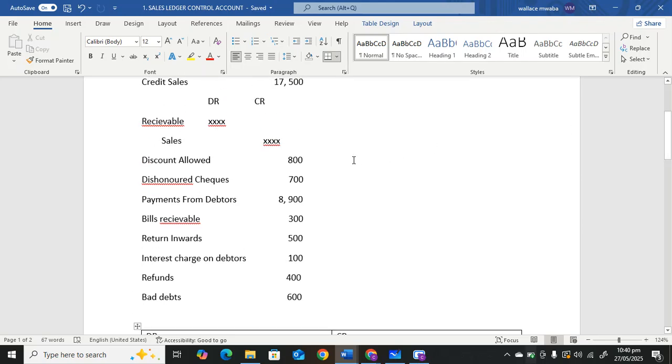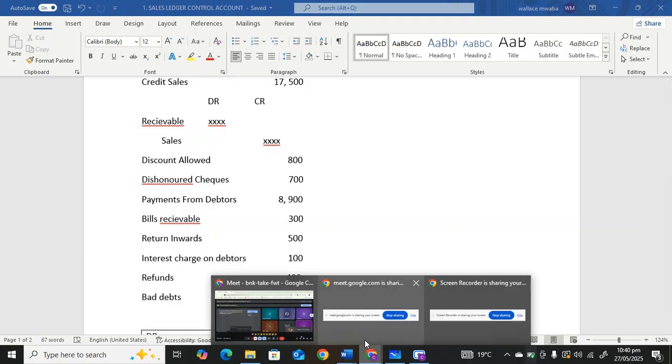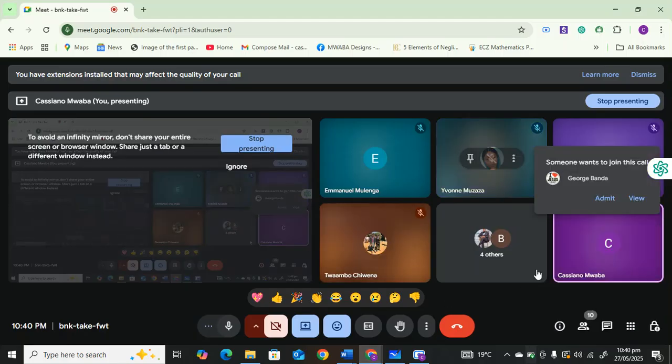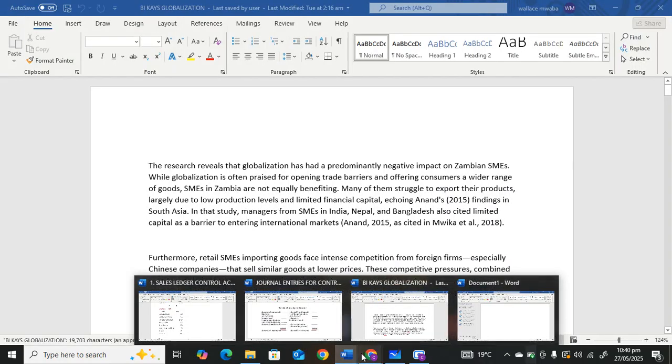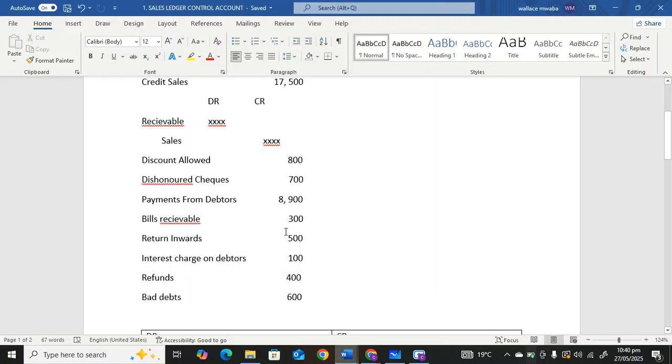Discount allowed. Colleagues, what is a discount allowed, and what is the journal entry whenever there is a discount allowed?